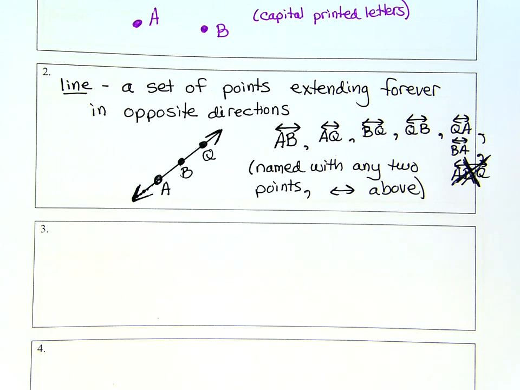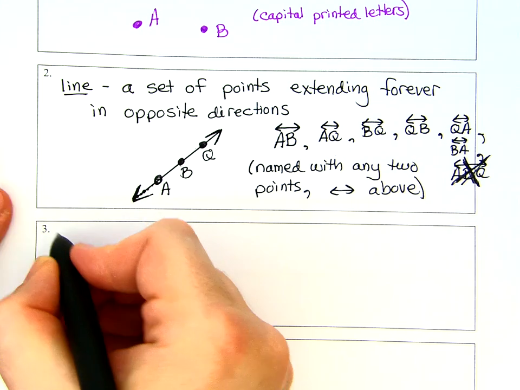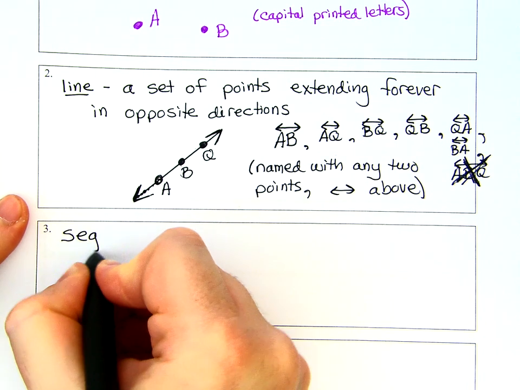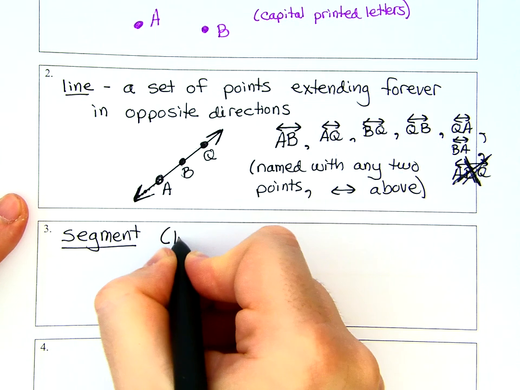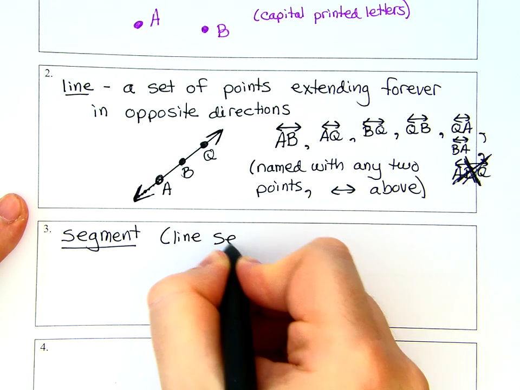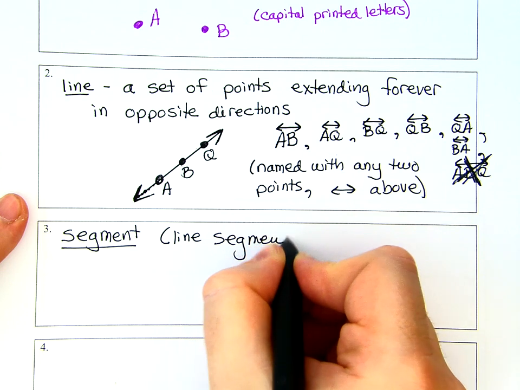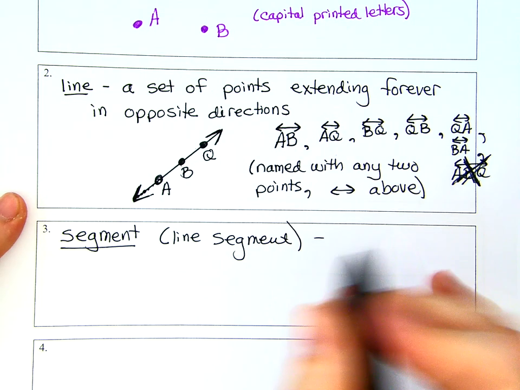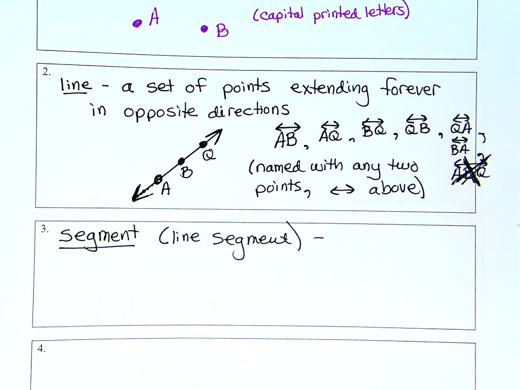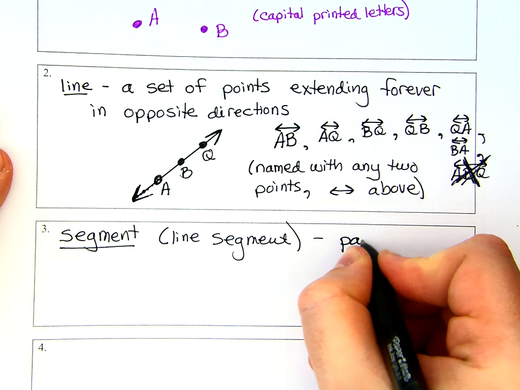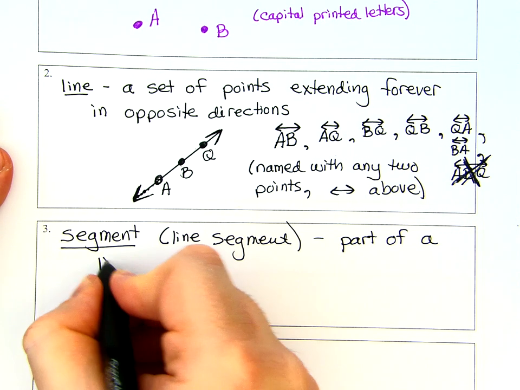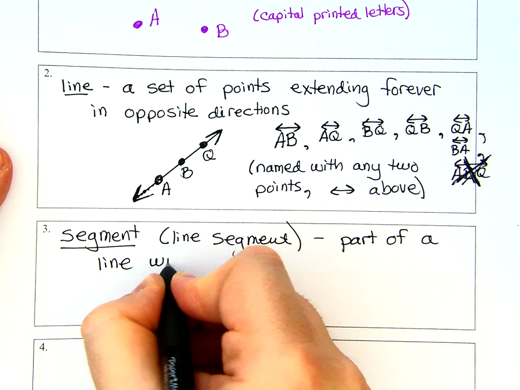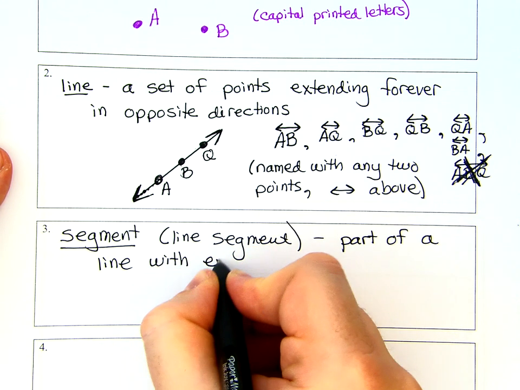Next, number 3. A segment, which is also sometimes called a line segment. This is part of a line with endpoints.